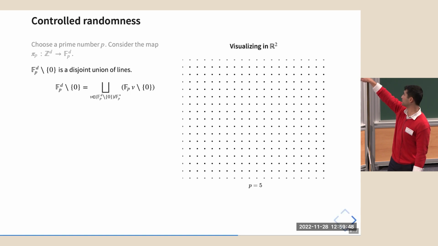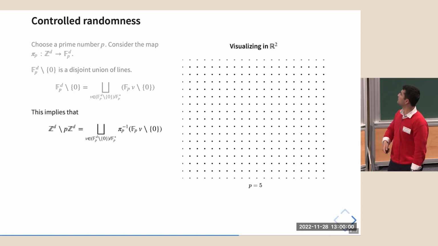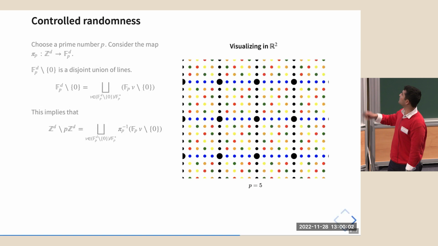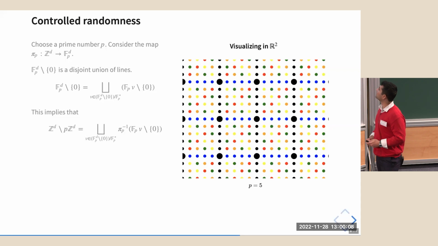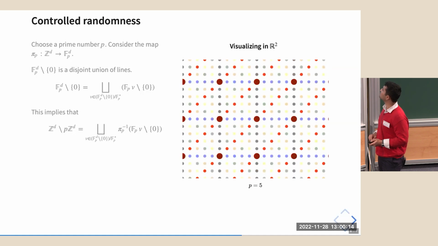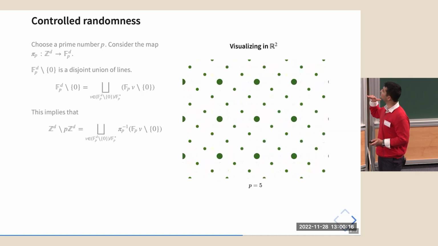If you consider the finite vector space F_p square, and remove the origin, then it's a disjoint union of 6 lines. Here is the colorful picture that writes F_5 square minus 0 as a union of 6 lines. You can see 6 colors in this picture, and each one of those colors generates a lattice.